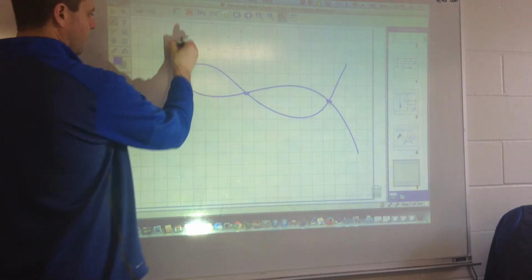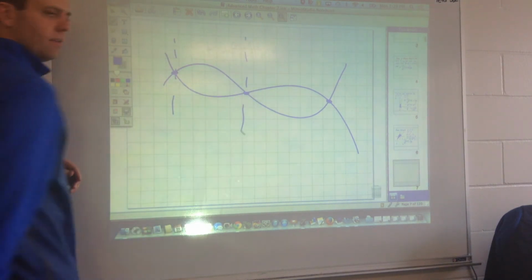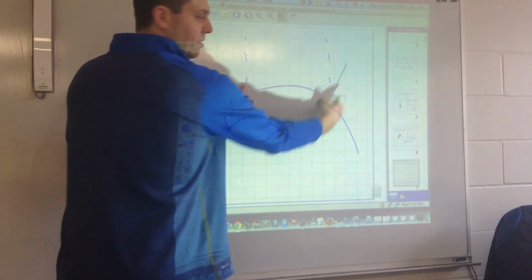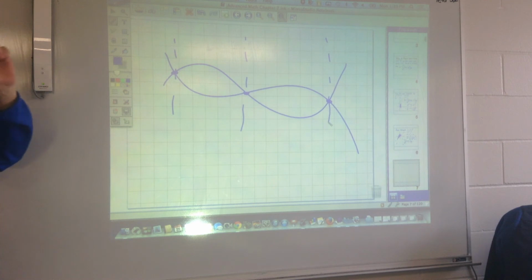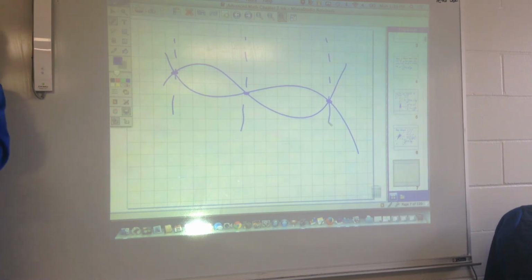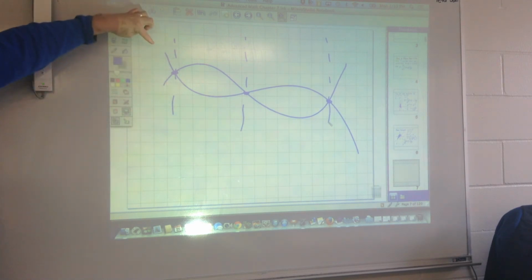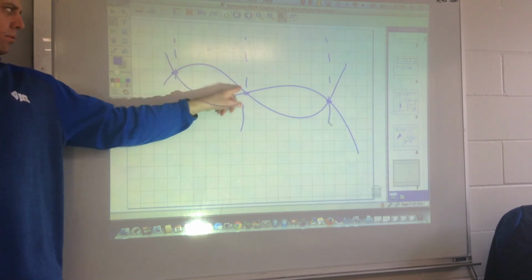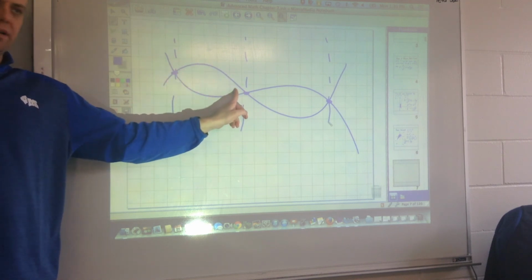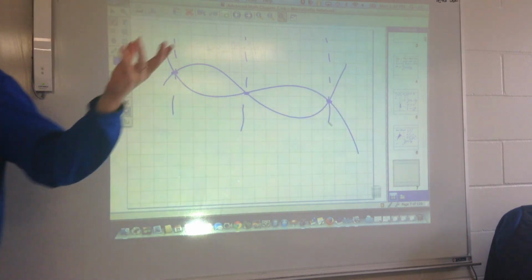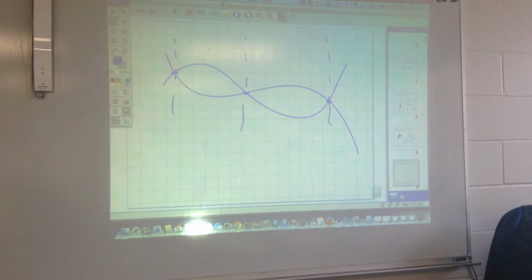Do the problem from here to here, and then do the problem from here to here. So you always use the graph first? Probably give you a pretty good idea, yeah. The thing that you got to be careful on is from here to here, this function's higher up, so you do that function minus that one, and it's the other way around on that other interval. So you just got to be careful on that, okay?